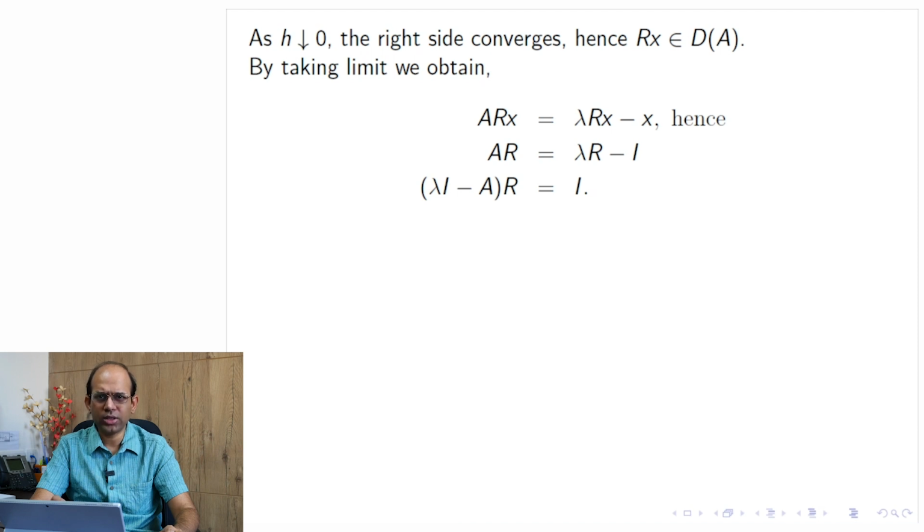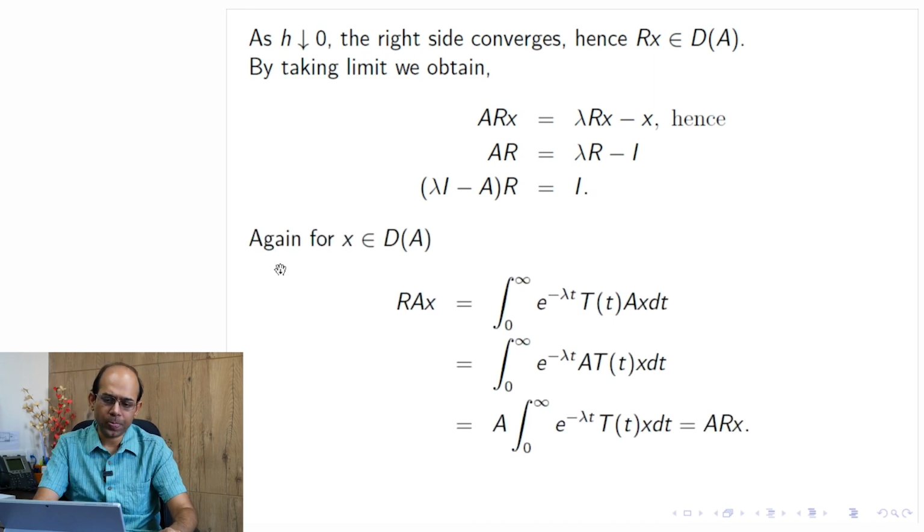But because A is not defined on the whole domain, correct? One has to be careful about what is the meaning of commuting with each other. So when small x is in the domain of A, for that AR is the same as RA. Okay, so in that sense.